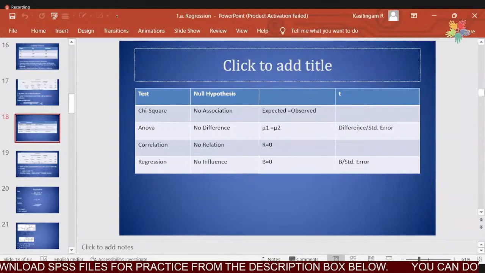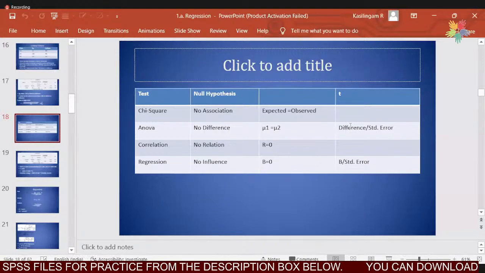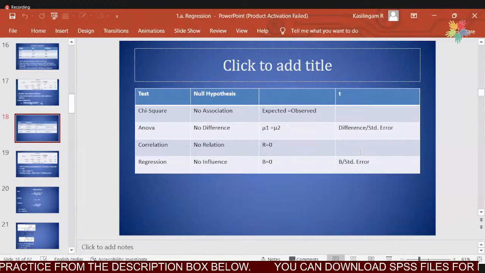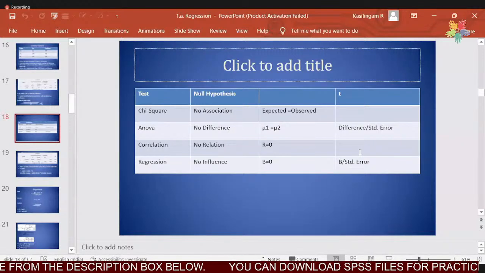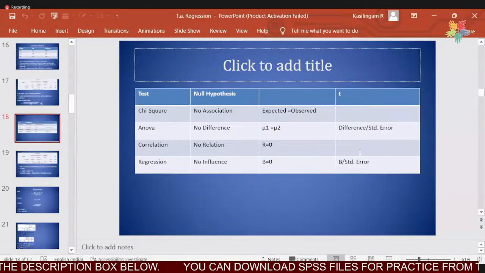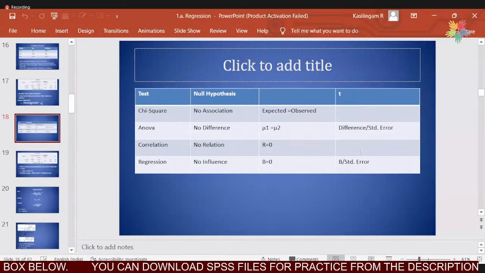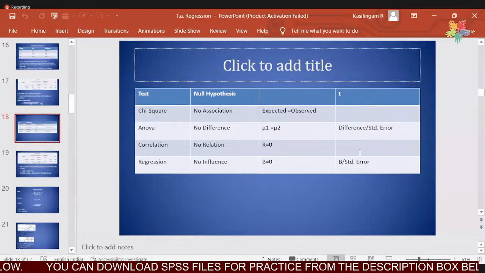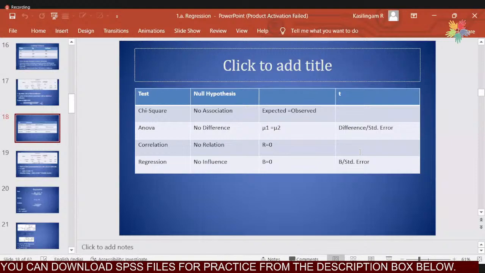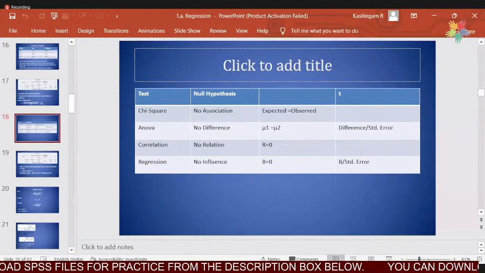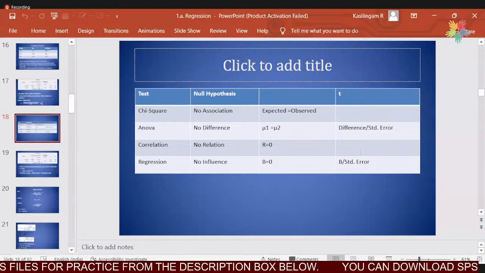So in ANOVA, difference divided by standard error. In correlation also, as I showed yesterday, the t value is R divided by standard error, but the standard error formula will vary for different tests.